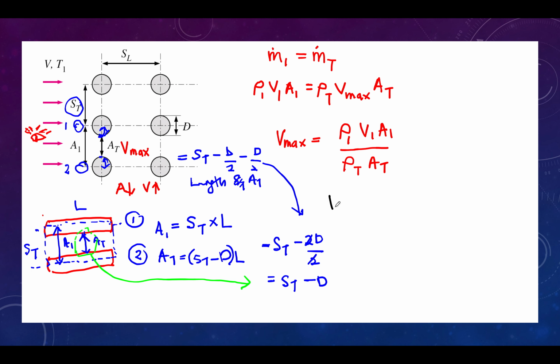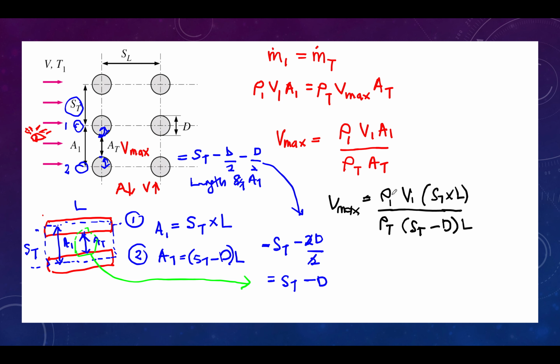V max is equal to rho 1 over rho T, V1, where A1 is ST times L, and for AT we have ST minus D times L.